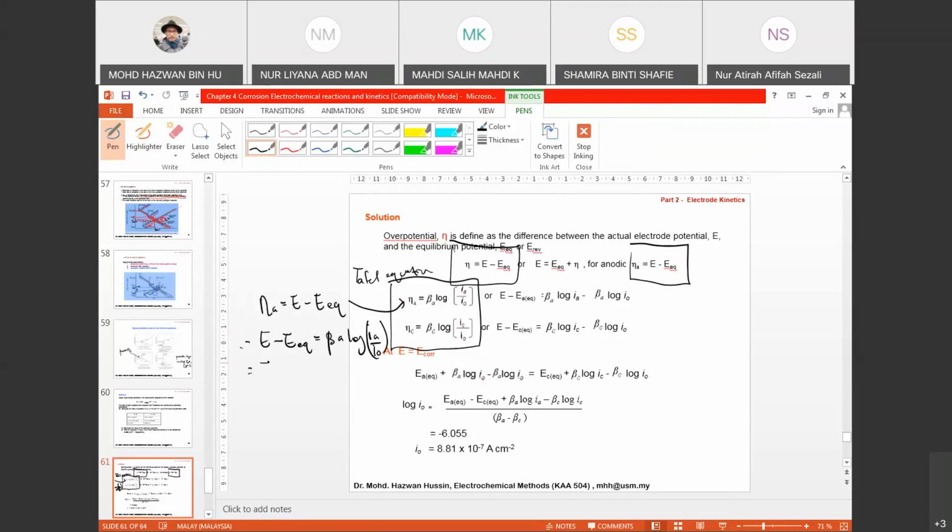I can also make it even simpler: minus beta A log I naught. That is why you get this notation. For eta C it is like this; you also get almost similar notation, just with beta C and IC. And when you assume E corrosion is equal to E, then you will get this notation.